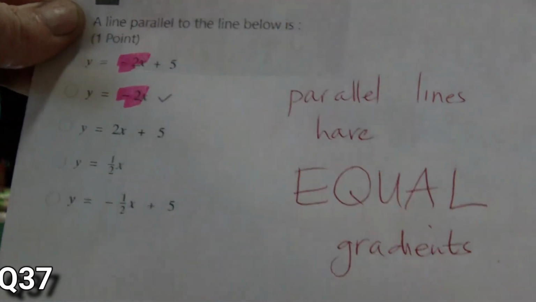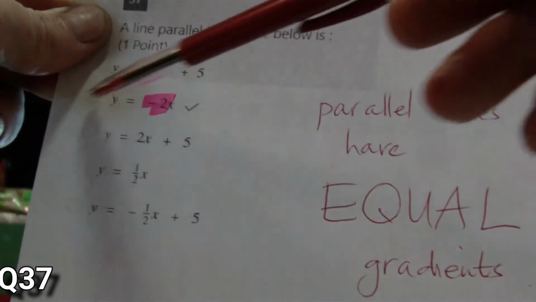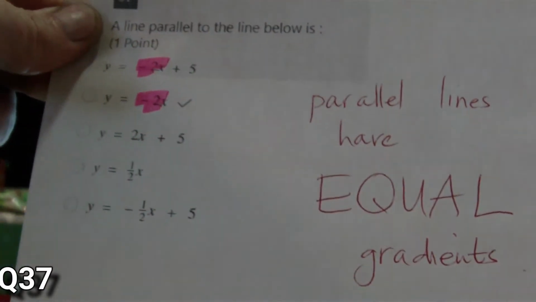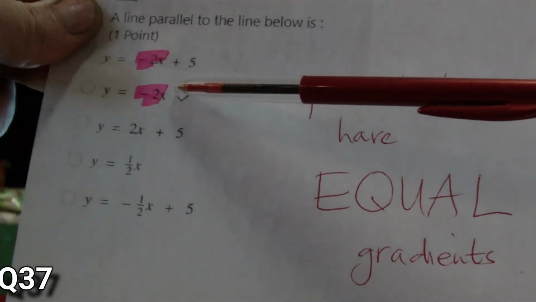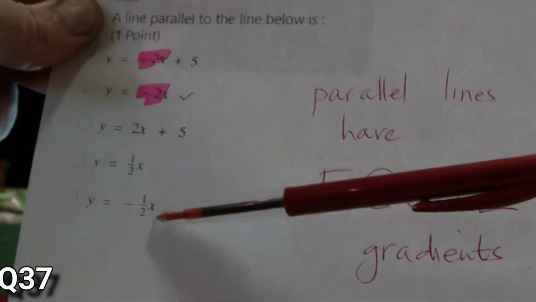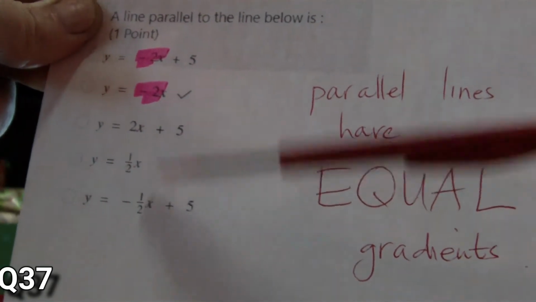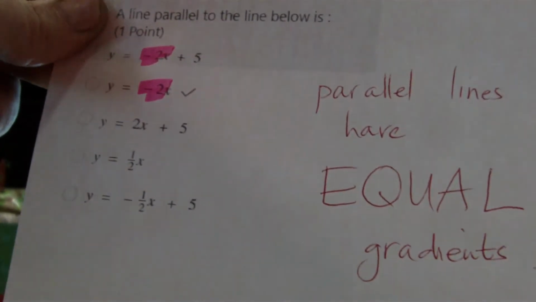Look at its gradient, it is negative 2. Do you see that? So now which of these four lines below also have a gradient of minus 2? Well, the first one does. This one's got a gradient of positive 2, this one's got a gradient of a half, this one's got a gradient of negative a half. So these two lines here are parallel because they have the same gradient.